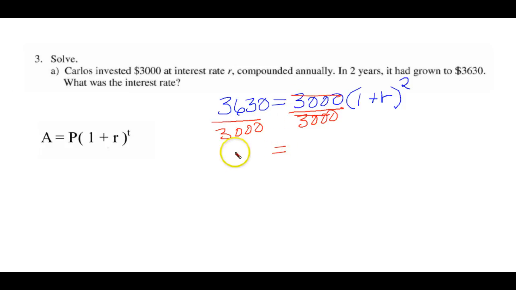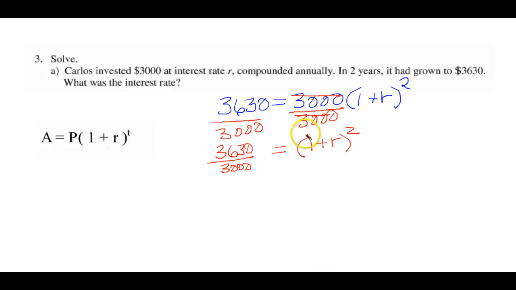And over here, we can leave that like that because we're going to use a calculator. So we have 3630 divided by 3,000 equals, in parentheses, 1 plus r raised to the second power.